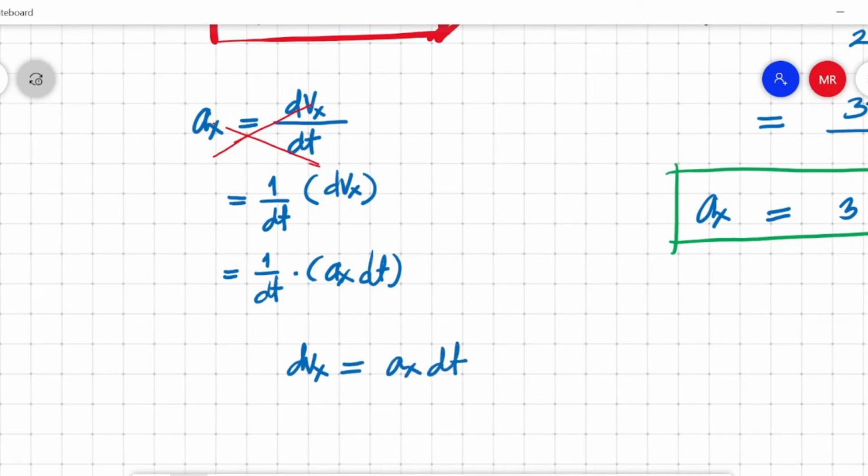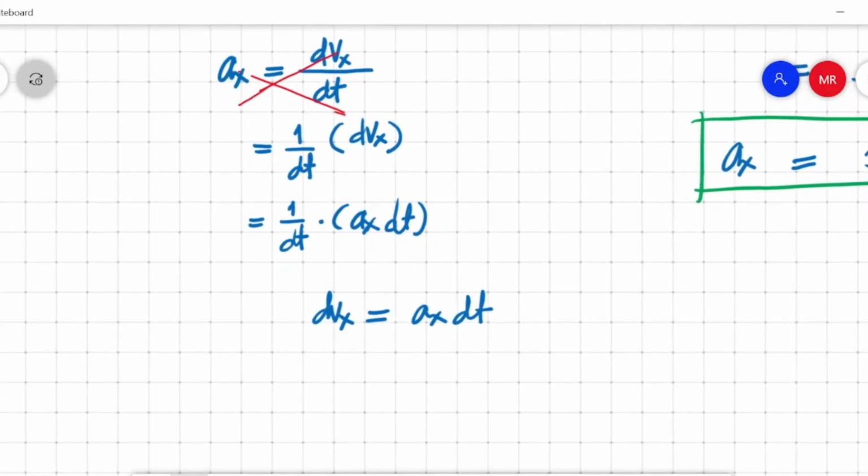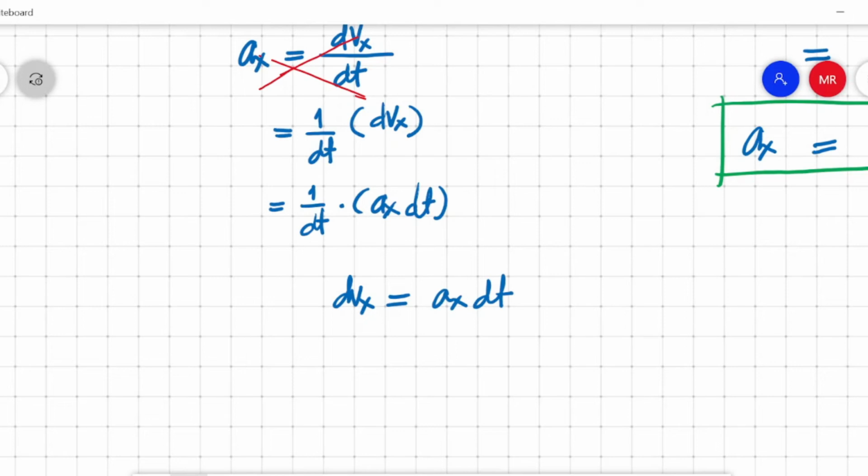This is change in velocity, ax dt. But we have the acceleration function, so we will get the antiderivative of this term, or the integral. So we will have now 1 over dt times the integral of ax dt.